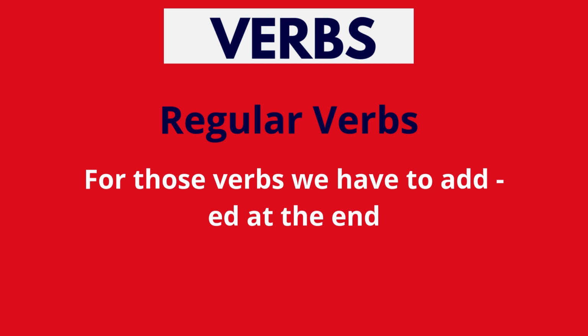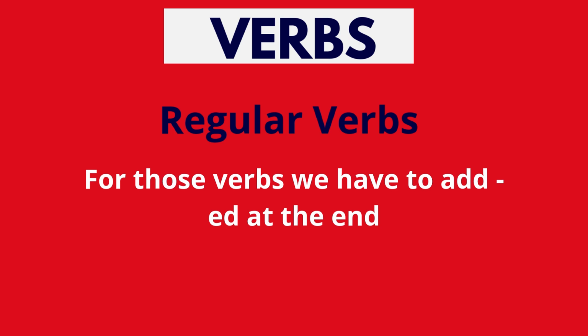So the verbs are telling me if a sentence is in present, future, or past. So for simple past, we have two kinds of verbs: regular verbs and irregular verbs. Today, in this lesson, we are going to talk only about regular verbs, no irregular. For those verbs, we have to add ed at the end.